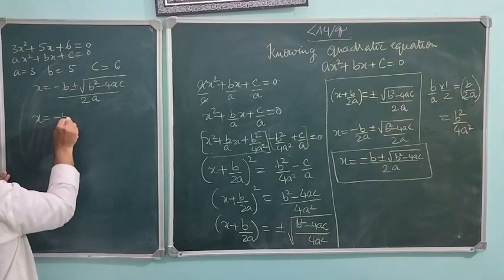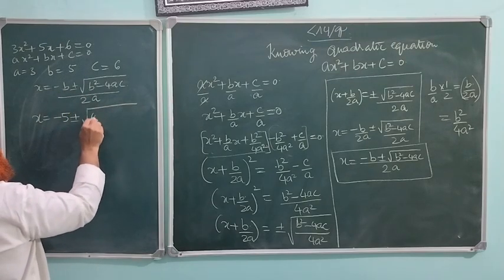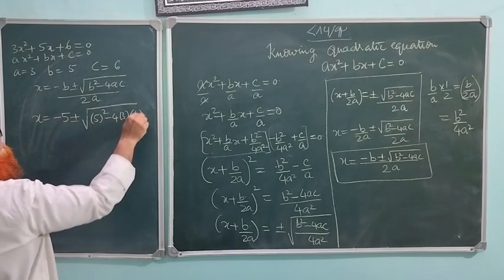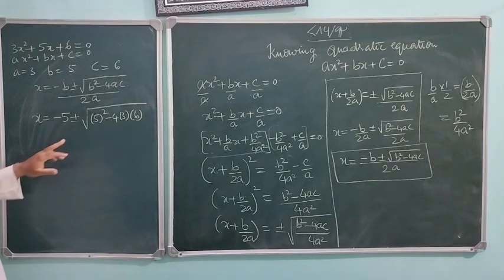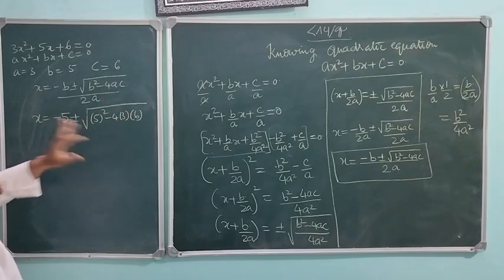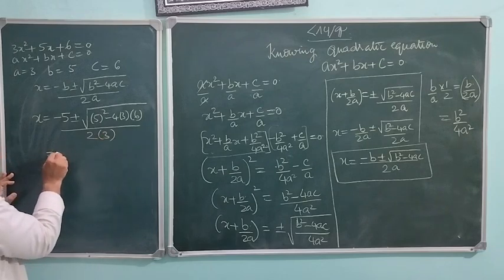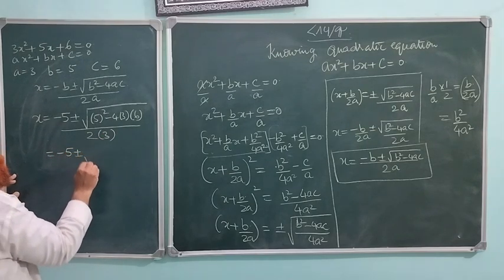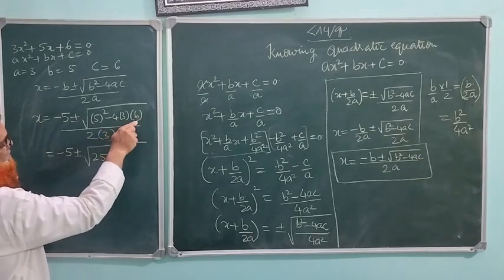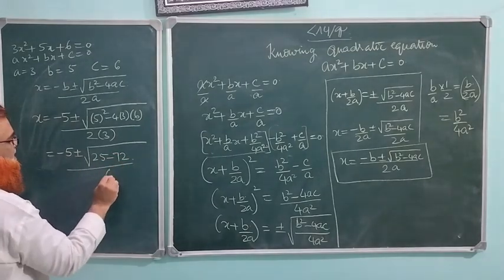5, minus 5, because minus b, plus or minus under root of b square, 5 square, minus 4, a is 3, c is 6. Okay, so this is the way. 5 whole square minus 4, a is 3 and c is 6, divided by 2 into a, which is 3, which is equal to minus 5 plus or minus, it is 25, minus 4 3s are 12, 12 6s are 72, minus 72 divided by 6.